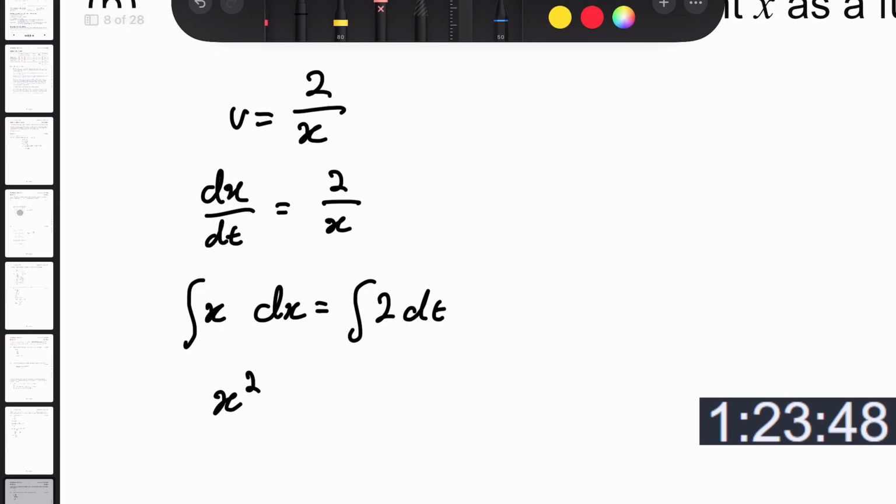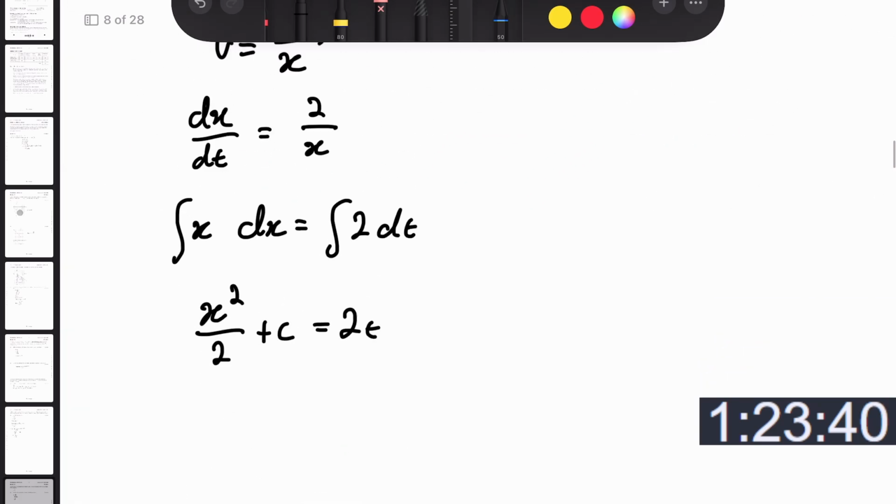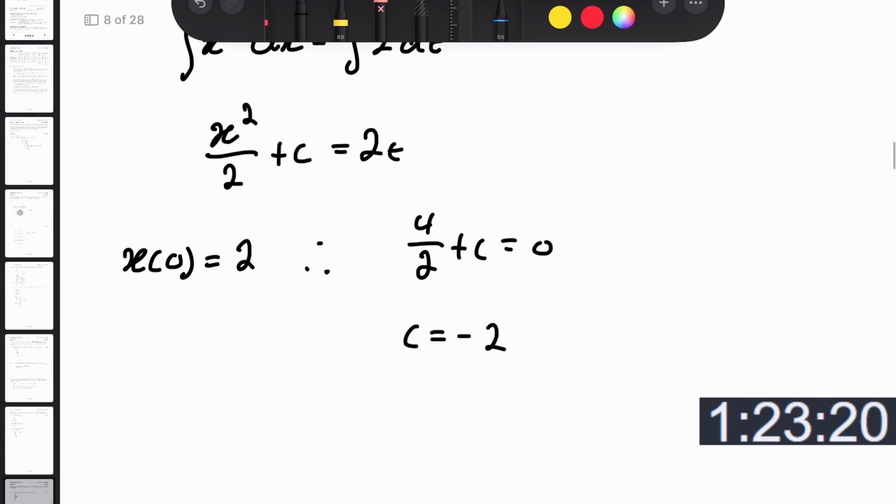So this will just be x squared on 2 plus c is just equal to 2t. And initial displacement of the particle is x equals 2, so x of 0 is going to equal 2. Therefore, we're going to have 4 on 2 plus c equals 0, so c is negative 2. Therefore, x squared on 2 minus 2 equals 2t.